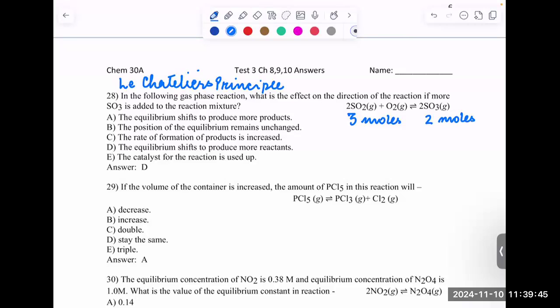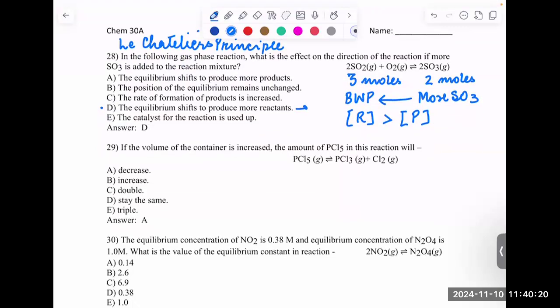In the following gas phase, what is the effect on the direction if more SO3 is added to the mixture? So more SO3 is added, and the reaction is going to move backward. The equilibrium shifts to produce more reactant. So the concentration of the reactants is more than the concentration of the products.